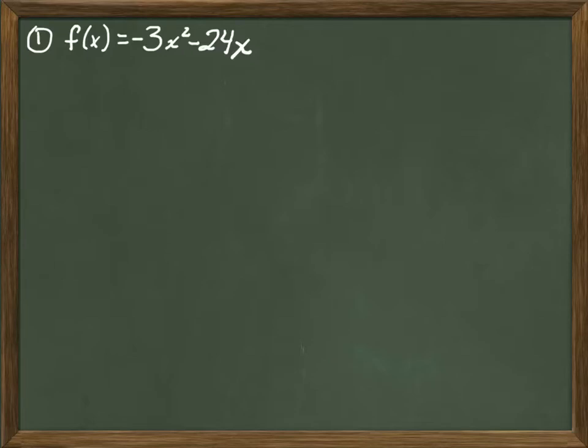So let's talk about those again in this problem first. Based upon my a, I know this graph is going to open down. And based upon my c, I know my y-intercept is 0, well, I don't have anything out here, so that means it's (0, 0).